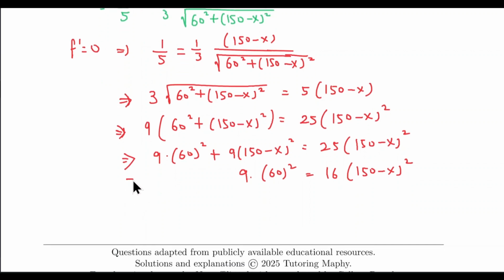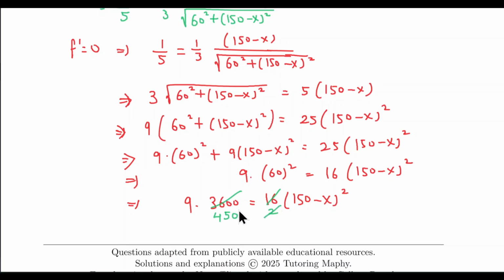I think we can simplify this a little bit, because it looks like this will become 3600, and this is 16 times (150 minus x) squared. I think this can go away with 8, because 8 times 2 is 16, 8 times 4 is 32, and 8 times 5 is 40 and then 0.